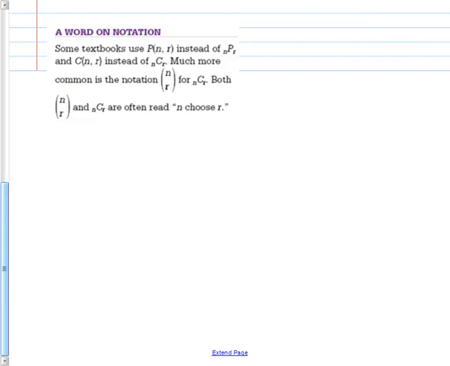Down here, looking at some notations, a permutation can be written this way. A combination, this is the one we are going to use. It also can be written this way, and also this way.